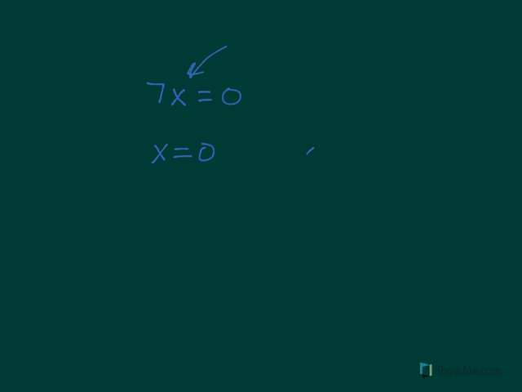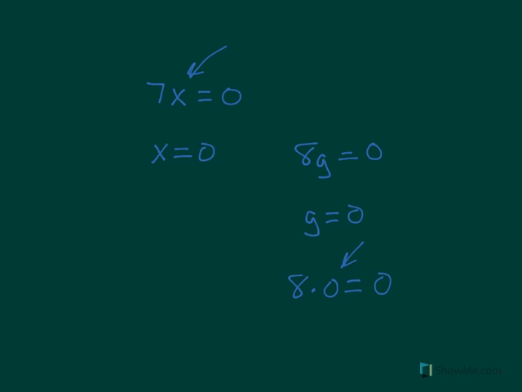If you had 8 multiplied by some variable, let's say g, works out to be 0, what would g have to be? G would have to be 0. So you get 8 times 0 equals 0. So there's your solution for g.